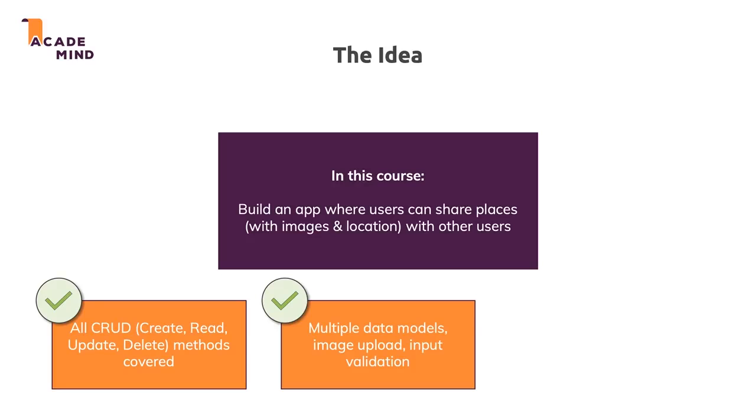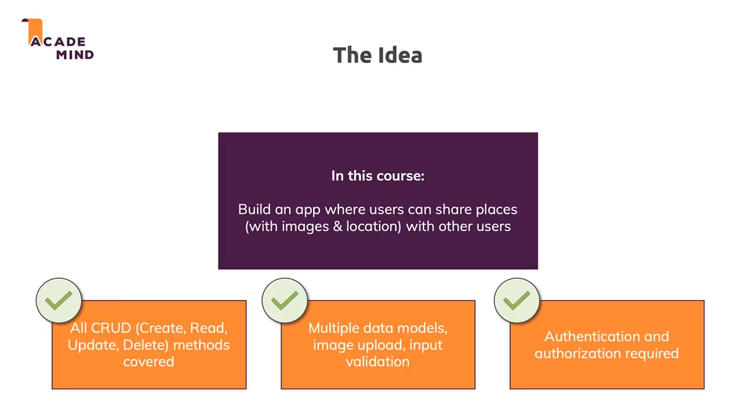And last but not least, we'll have authentication and authorization in this course. The difference is that authentication means that users need to sign up or log in to work with some parts of our app. In this example, new places should only be creatable by logged in users. And authorization means that even if you are a logged in user, you're still not able to do everything.